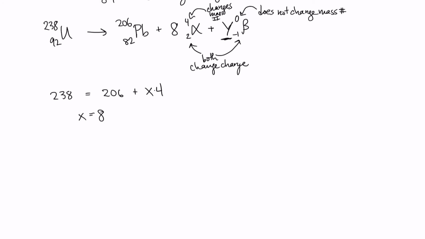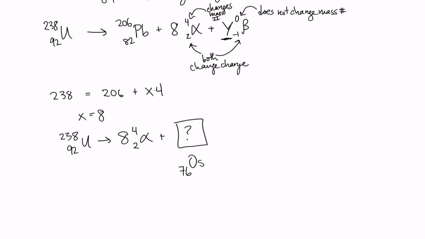So we have our 238, 92 uranium, and we're going to get our 8 alpha particles. And I want to know what's the thing that we get also. So when I do this math, I end up getting osmium, which is number 76.